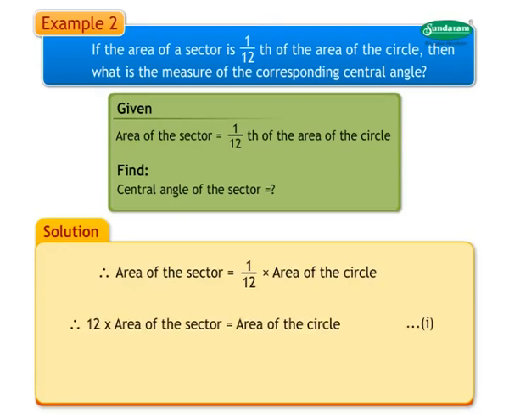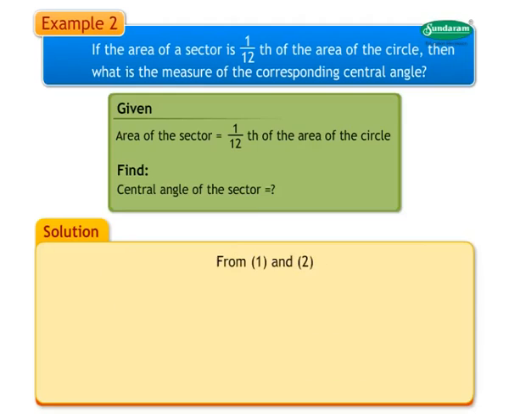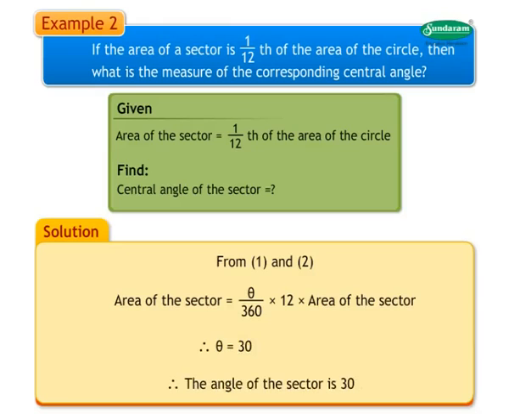Therefore, 12 into area of the sector is equal to area of the circle. Mark this as statement 1. Now, area of the sector is equal to theta upon 360 into area of the circle. Mark this as statement 2. Thus, from 1 and 2, area of the sector is equal to theta upon 360 into 12 into area of the sector. Therefore, theta is equal to 30. Therefore, the angle of the sector is 30 degrees.